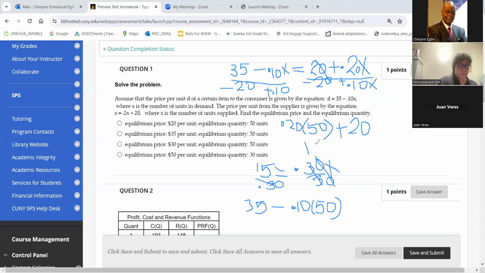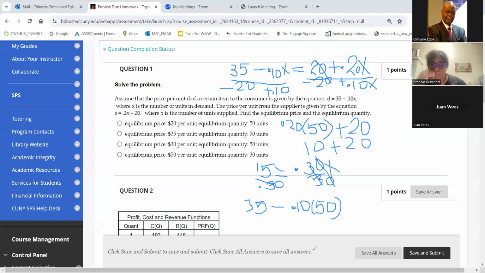So if we take 10 plus 20, what do we get? 30. You get it? So when you plug in 50 for x in both equations, what you get is 30. Am I correct? Yes. Because when we did the demand equation, 35 minus 0.10 times 50, we got 30.